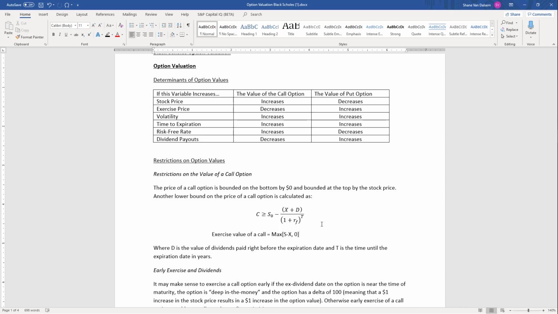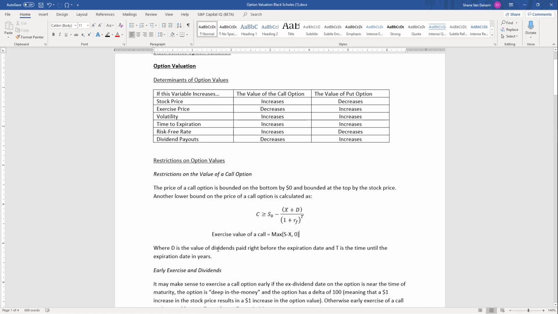So in this case, all we've done is we've included the issue of the dividend, and we've discounted that value, that strike price, back to today at time 0 by the risk-free rate. So X minus D, the value of D is up here because as the person who has purchased the option, I'm not going to receive that dividend.